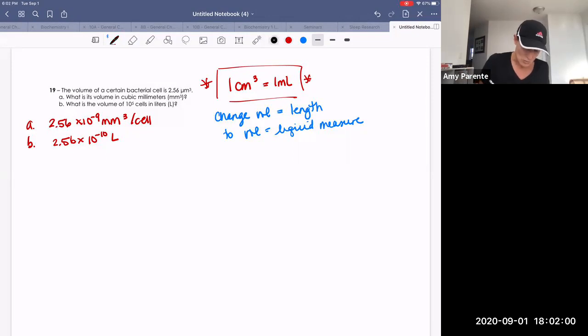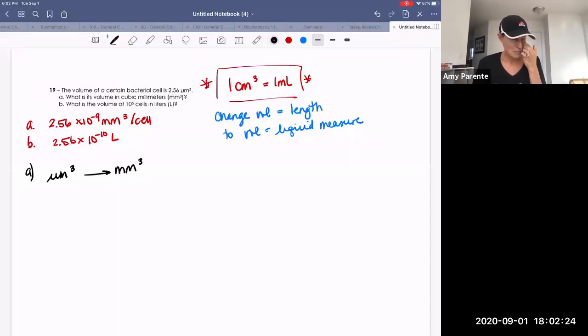So let's go ahead and start with this first part here, part A. And again, I'm always going to start by trying to give us a little roadmap to help us sort out what's going on. We are given information in cubic meters, and at the end of the day, I want to get to cubic millimeters.